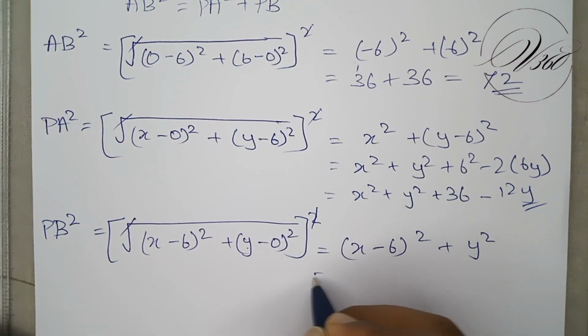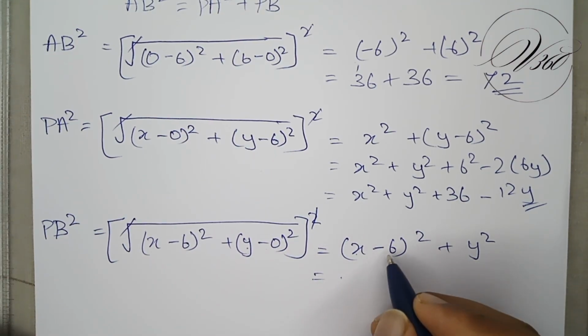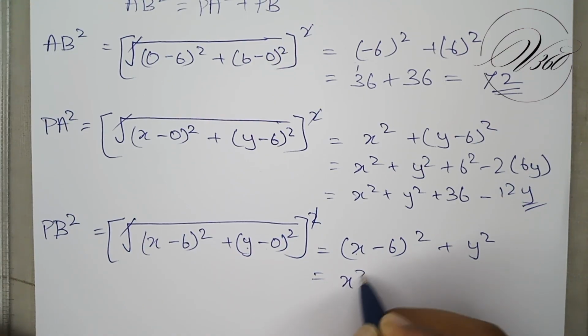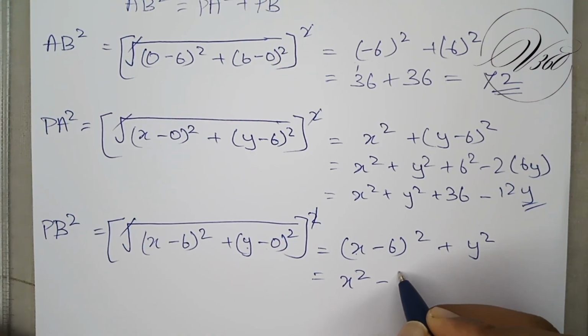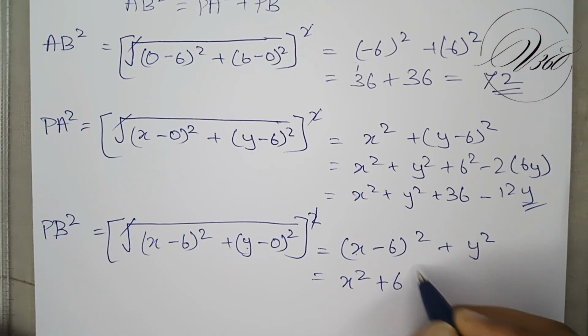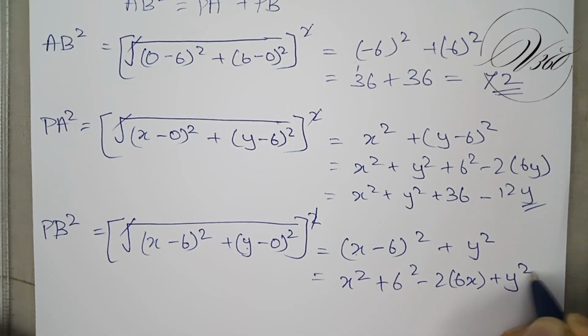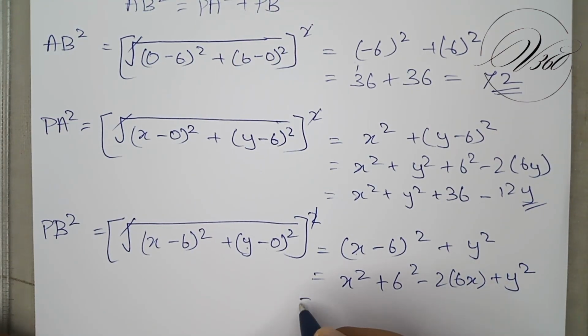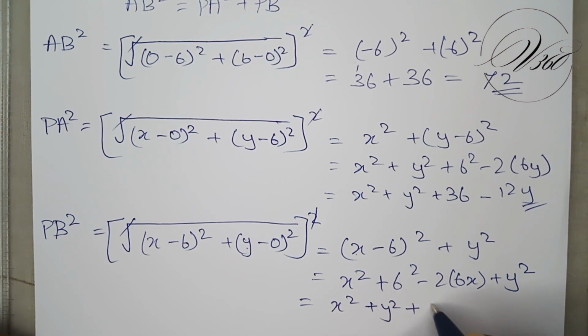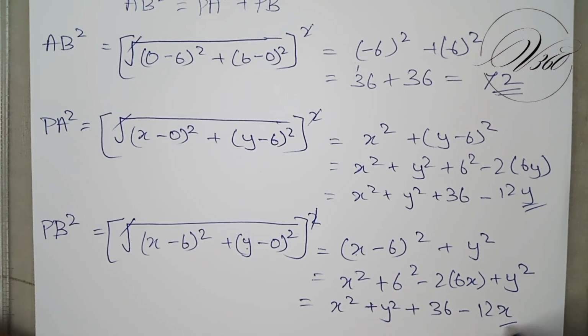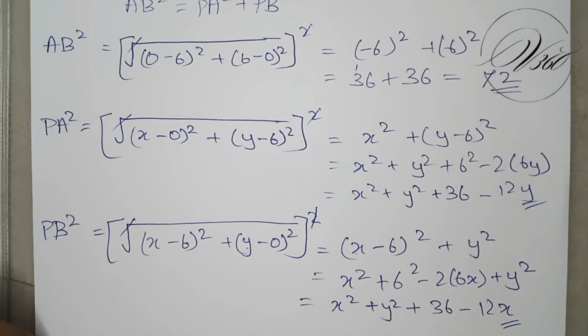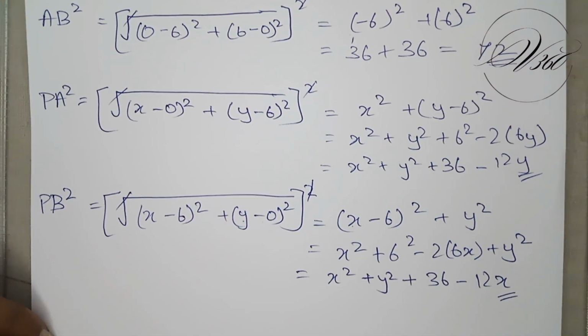Here we'll apply the a minus b whole square formula. We get x square plus 6 square minus 2 of 6x plus y square. Now we get x square plus y square plus 36 minus 12x. Now this is the PB formula.